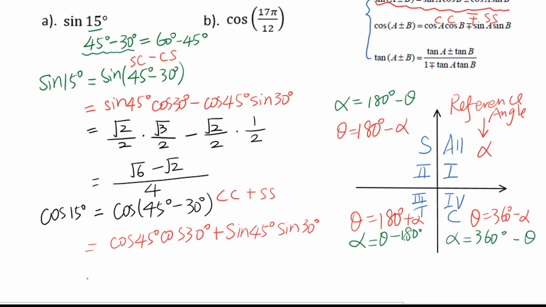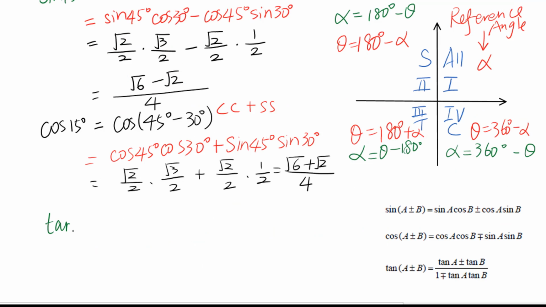Then we plug in. You will get square root of 2 over 2 times square root of 3 over 2, plus square root of 2 over 2 times 1 over 2. The answer will be square root of 6 plus square root of 2, over 4.